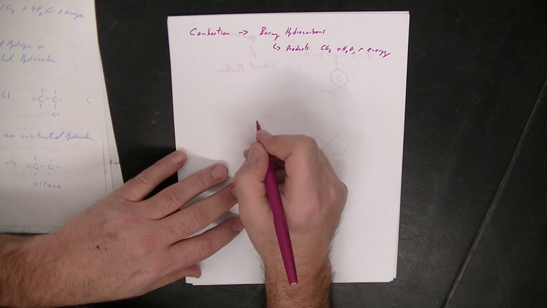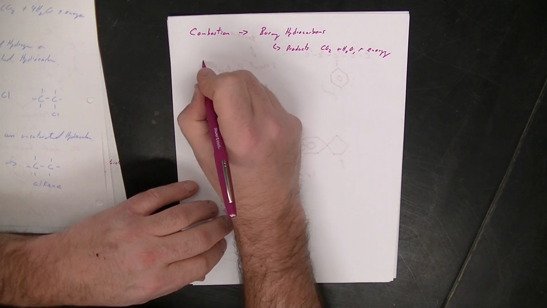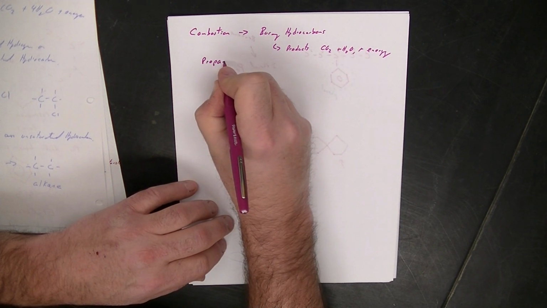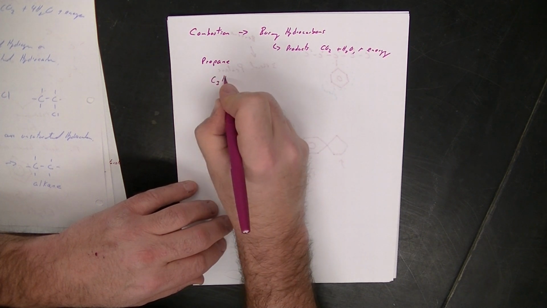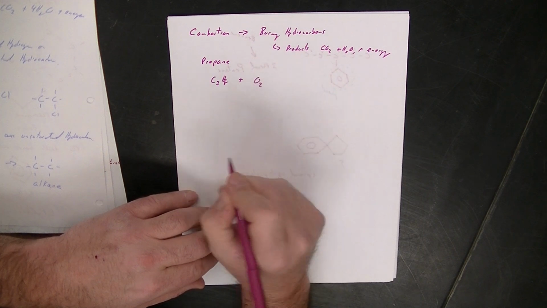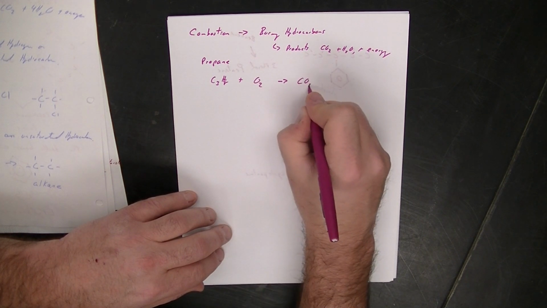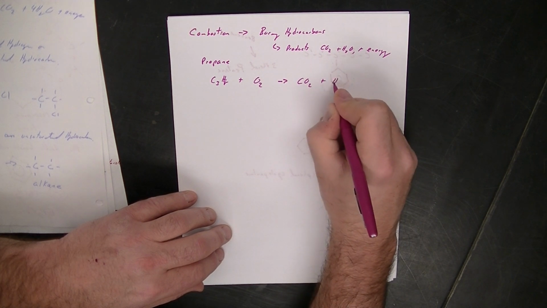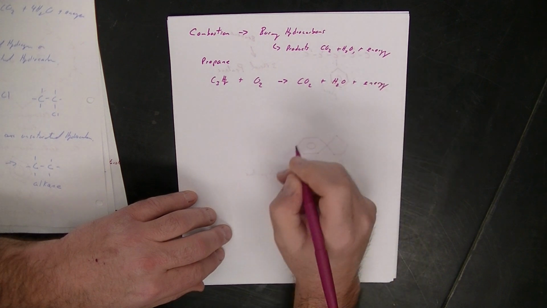So let's do the combustion of propane. What's happening in your gas grill? If we write propane, we've got C3H8. We're burning, we're adding oxygen. It's going to produce carbon dioxide and H2O. It's exothermic, so it's going to produce a bunch of energy.